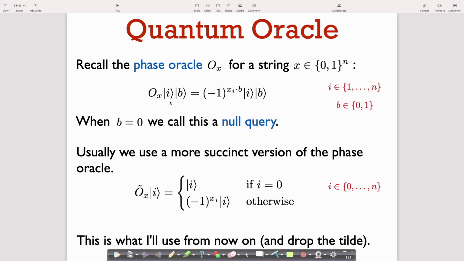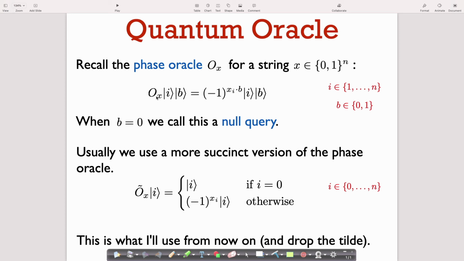We have a state here with two registers. I here indicates the position of the input that you want to query. B is just a bit that basically determines if the oracle is going to take an action or not.